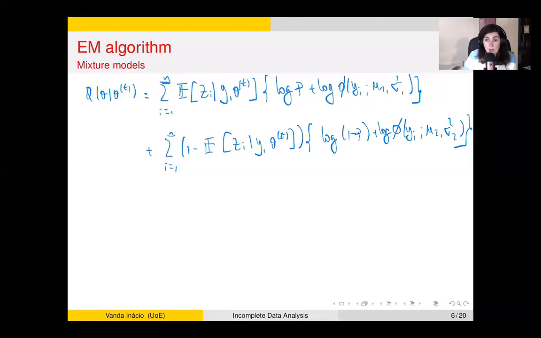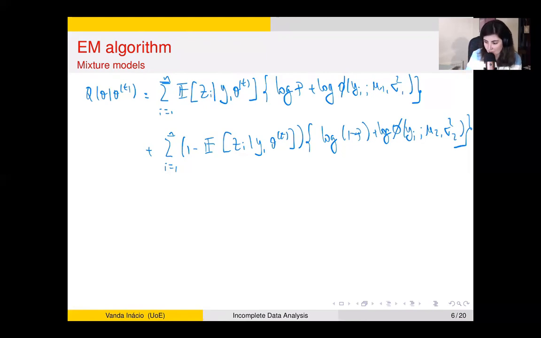and now to complete my E step, my expectation step, all I need to do is to compute the expectation of Zi for i from 1 up to n, given Y, what I observe, and theta at iteration t.